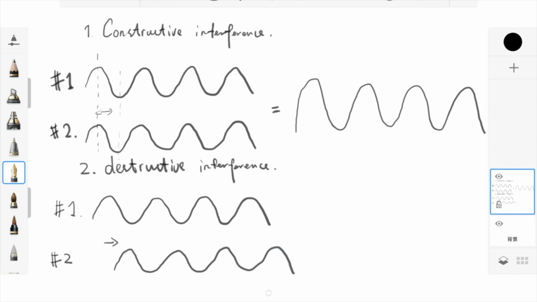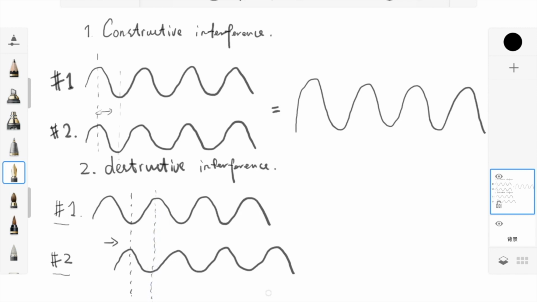We call it a phase shift, a little bit back or forward. Then the valley of number 1 overlaps with the peak of number 2, and the peak of number 1 overlaps with the valley of number 2.